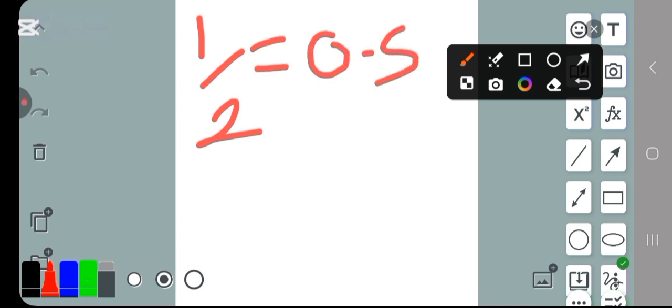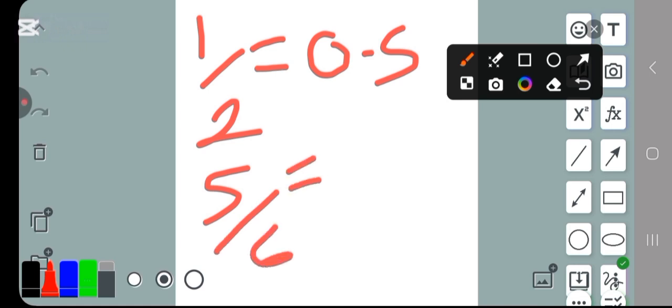You can see it's less than 1. The value of 5 over 6 is less than 1. What do we have? We have 0.833. It is always less than 1.